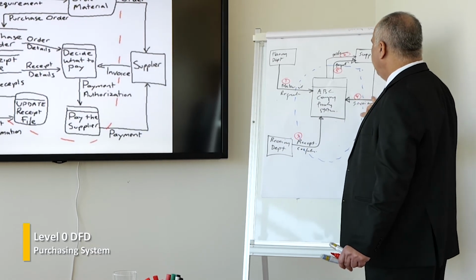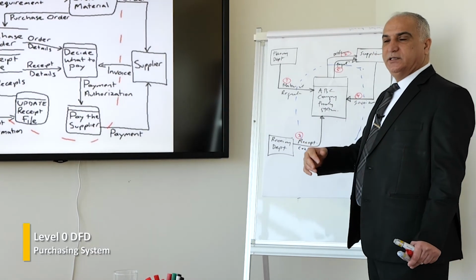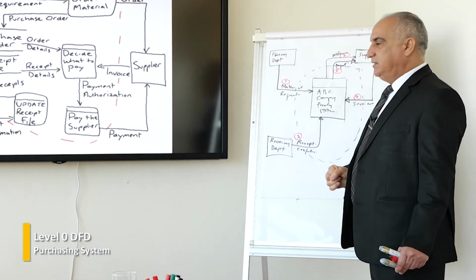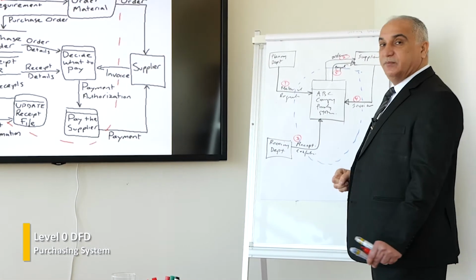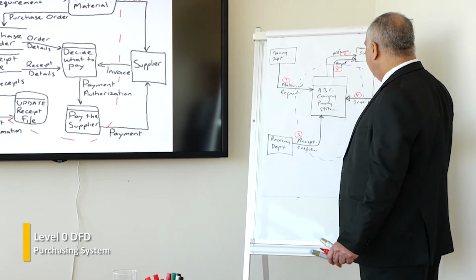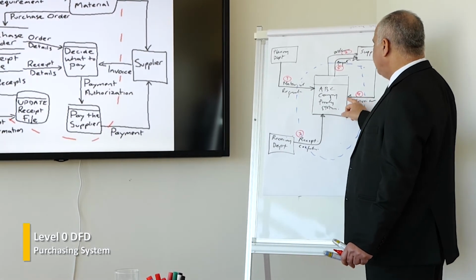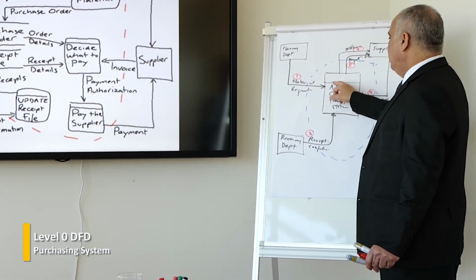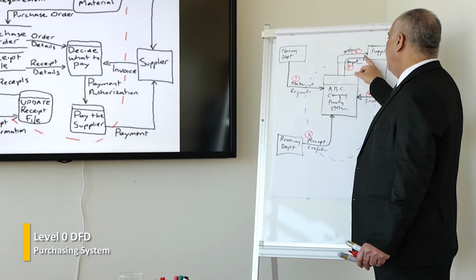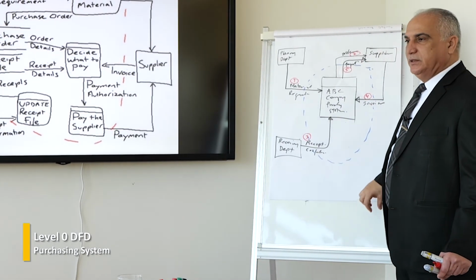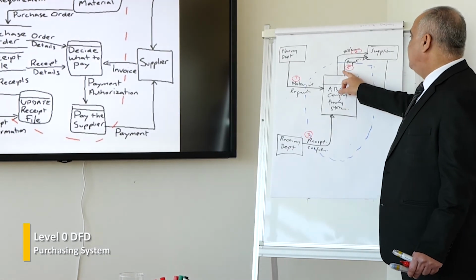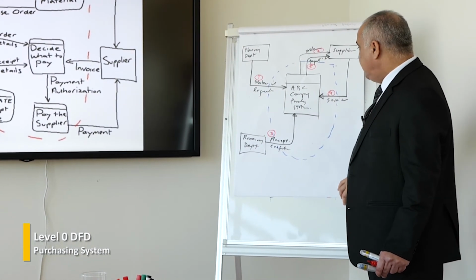And then the supplier does what? It will invoice the company for the materials they delivered. We call that the supplier sending an invoice. The ABC company will do what? They will do the payment, and in this case, they will send a payment.